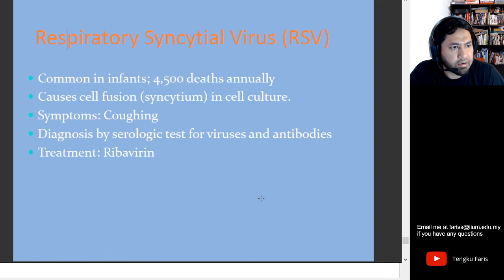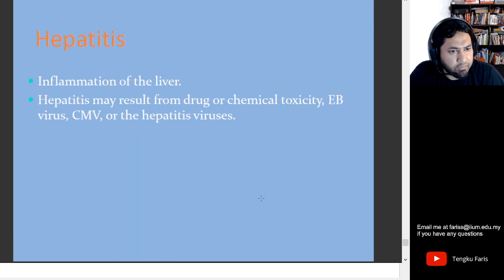I think it's increasing according to the years. It causes cell fusion. We call it syncytium in the cell culture. Symptoms like coughing, but you cannot know this is RSV until you do the serologic test and antibody test from the baby's blood, and you can get rid of them by taking ribavirin.